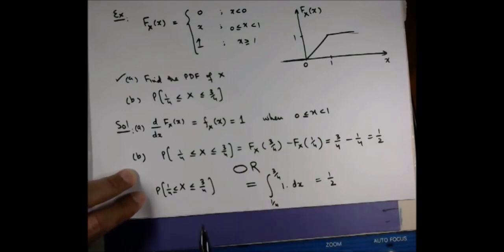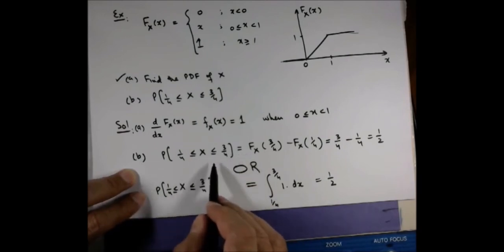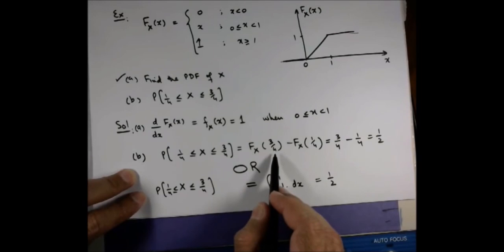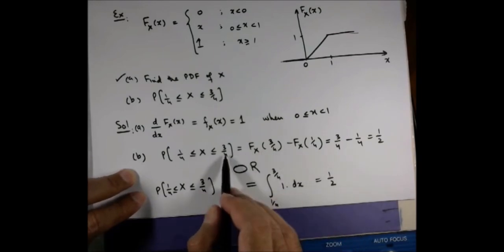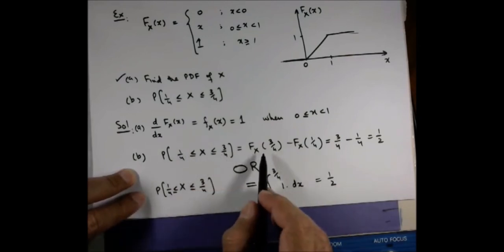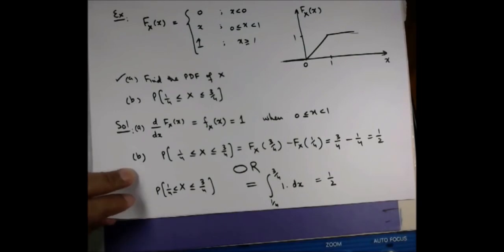But you can always find the probability of interest quickly by just plugging in the values, the endpoints of the interval, in the expressions of CDF, and you do the subtraction and you get the probability of interest.